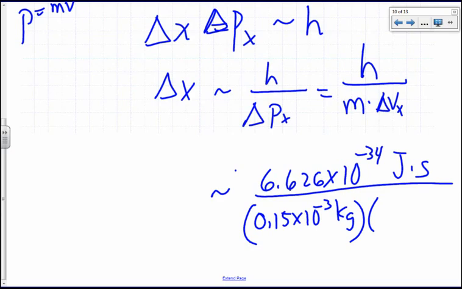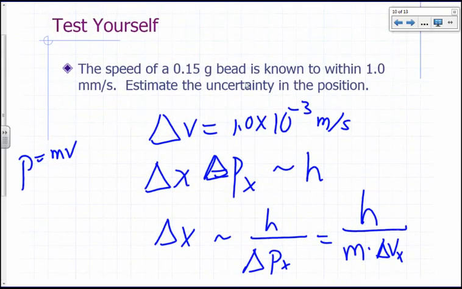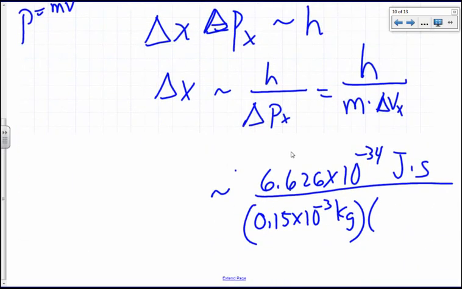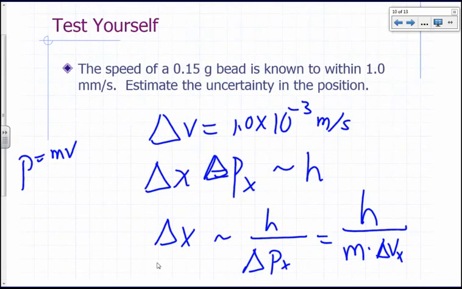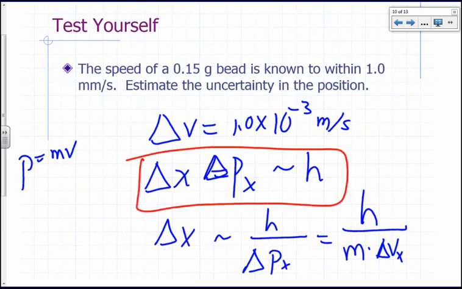And the uncertainty in our speed is 1 millimeter per second, so 10 to the negative third meters per second. The uncertainty principle says delta x times delta px is approximately equal to h.